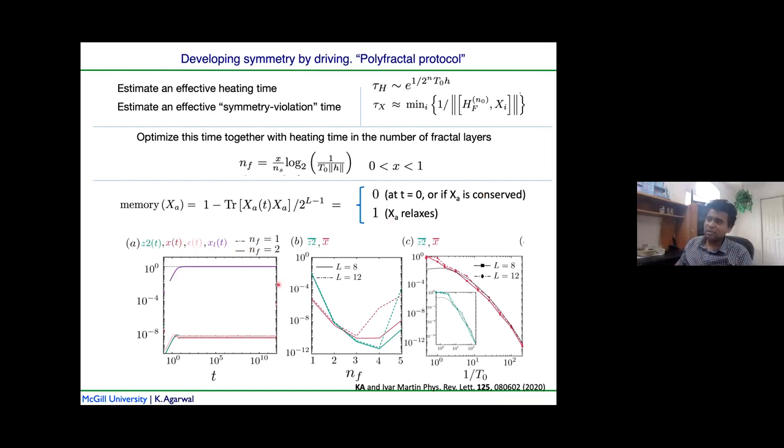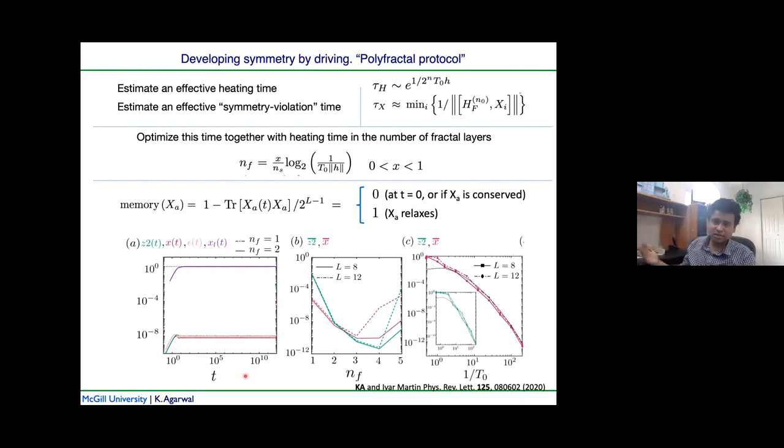So if you look at this left plot, you're looking at the relaxation of some local observable, which is not meant to stay conserved, then it relaxes fairly immediately on a microscopic timescale. But if you look at these global operators, x1 and x2, that you're driving the system with, then they in fact do not relax for an exponentially long time.